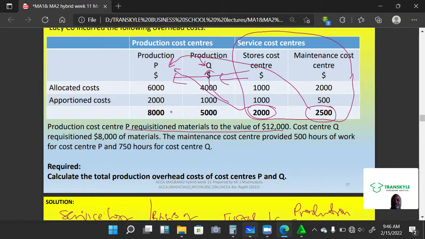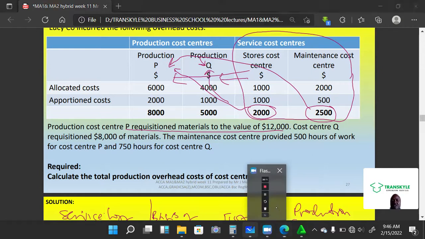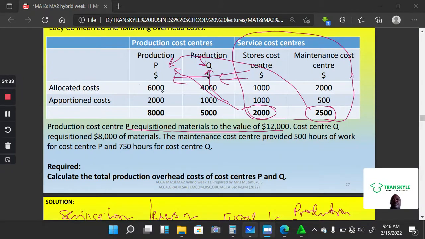You've got 8000 for production P, and for production Q 5000, and so forth. We just have to use these figures so that we are not confused with anything here.